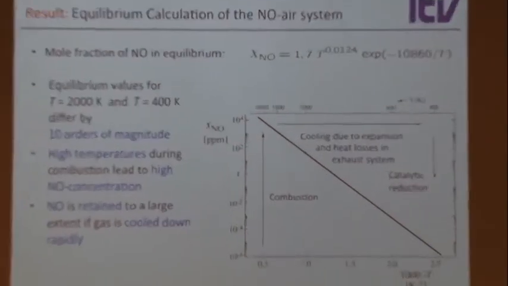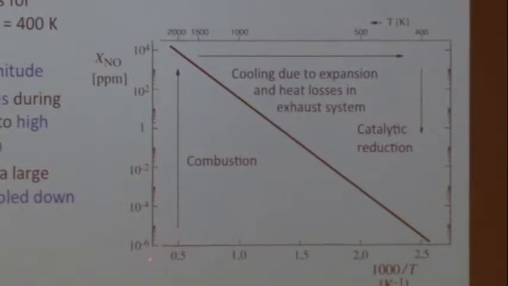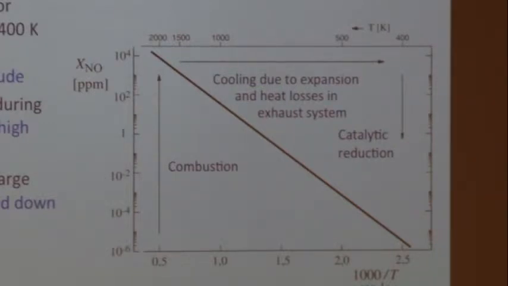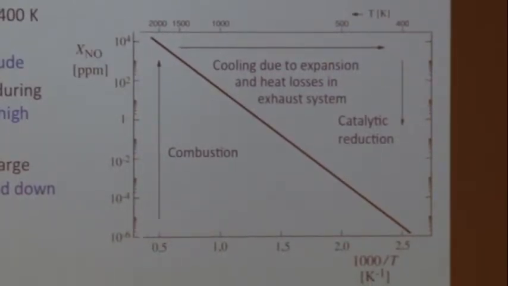Look at X_NO, the NO mole fraction, the equilibrium mole fraction in the system as a function of inverse temperature, here in an Arrhenius plot, because, of course, we have this exponential dependence. And then you see the temperature dependence is very, very strong. You go from 2000 Kelvin to 500 Kelvin, that is like 6-7 orders of magnitude difference.